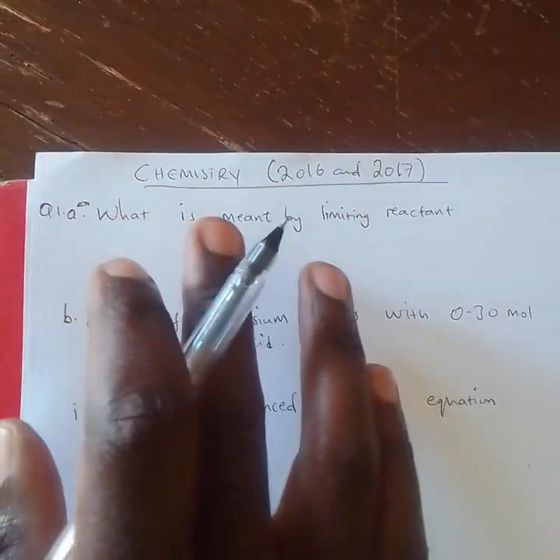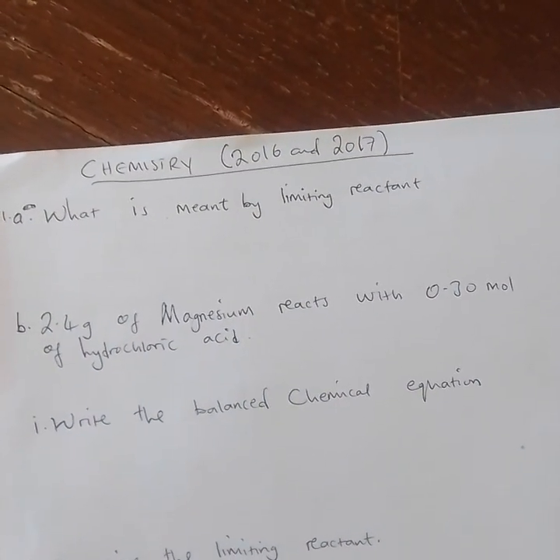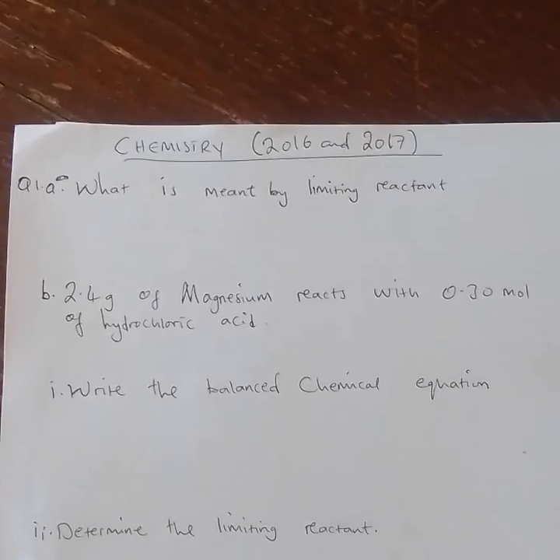A limiting reactant is a reactant that limits the amount of product made during a chemical reaction.